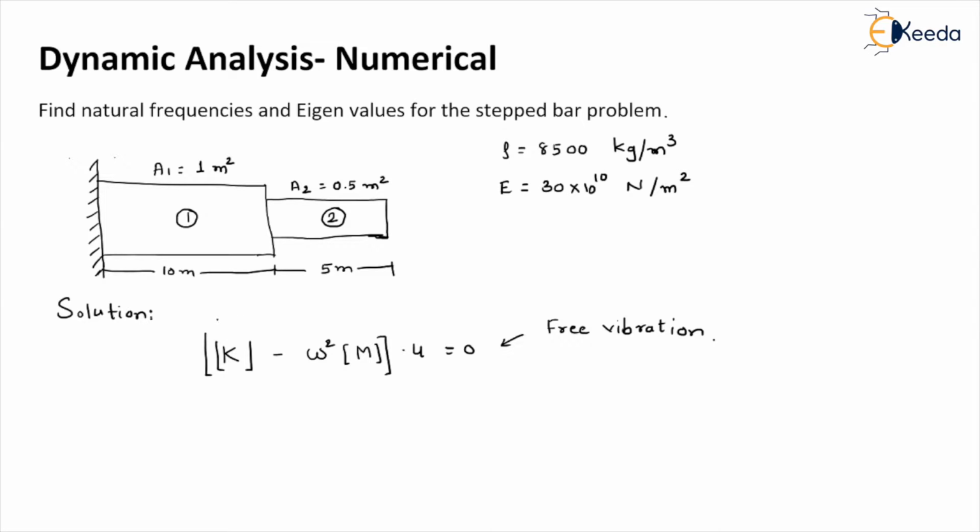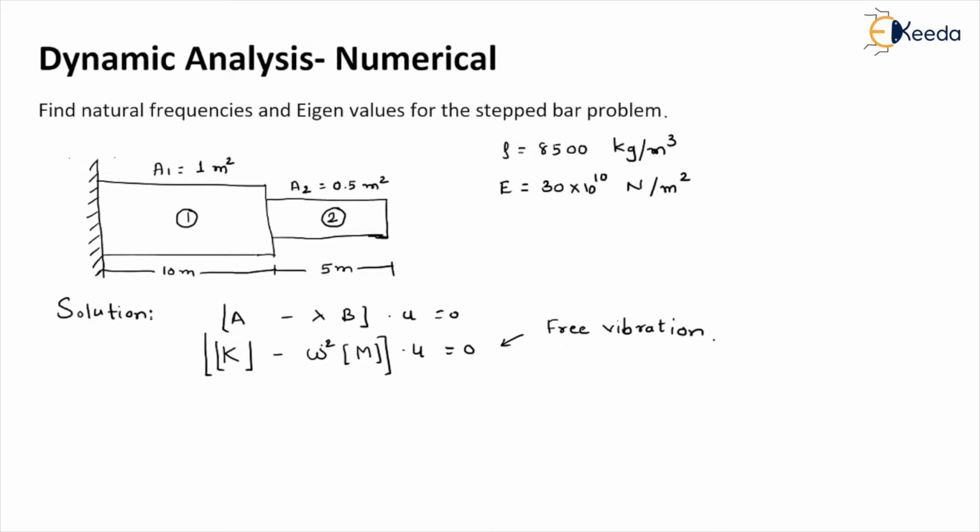This is inspired from the equation A minus eigen B into U equal to 0. So from this equation we can solve our problem. First we need to find the natural frequency.